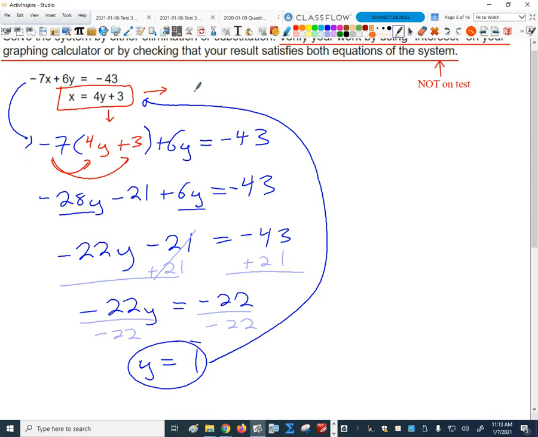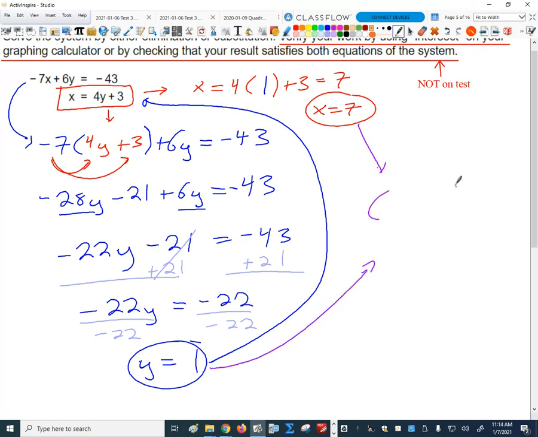So that's going to give me x equals 4 times, good, 4 times my y value of 1 plus 3, which is 7. So then my solution would have to be the ordered pair, right? We're going to have to include both the x and the y values. And so we get the ordered pair 7, 1.